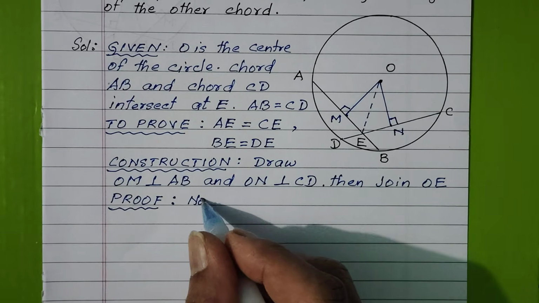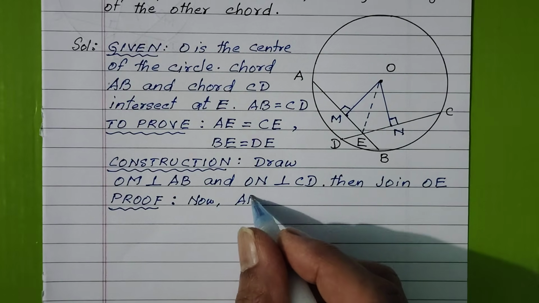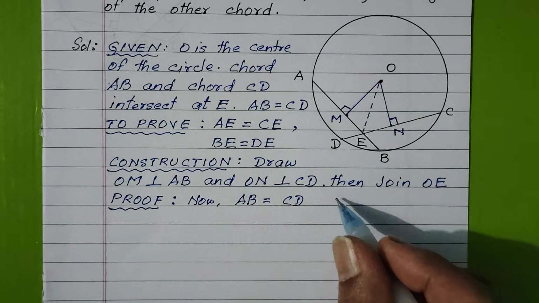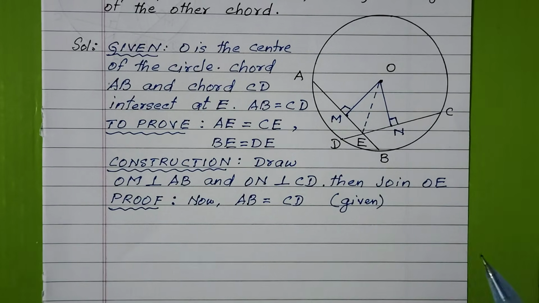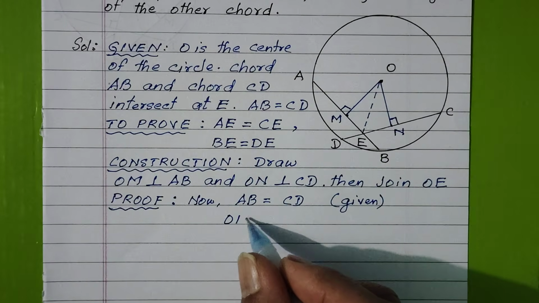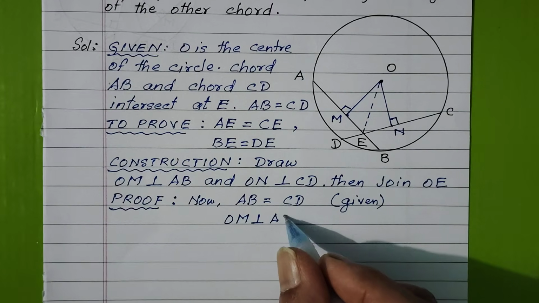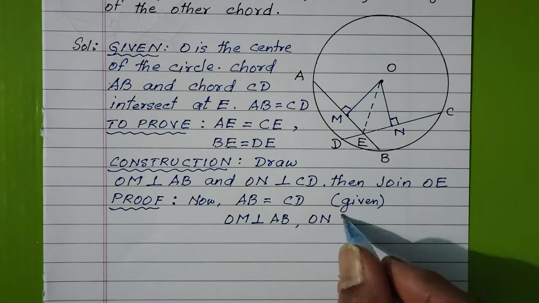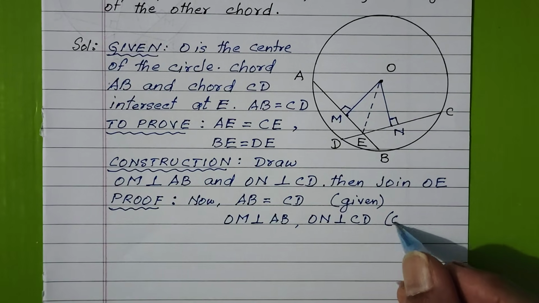Now AB is equal to CD. The chords are equal, that is given to us. OM is perpendicular to AB and ON is perpendicular to CD from construction.